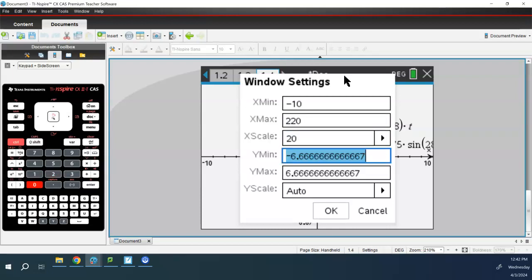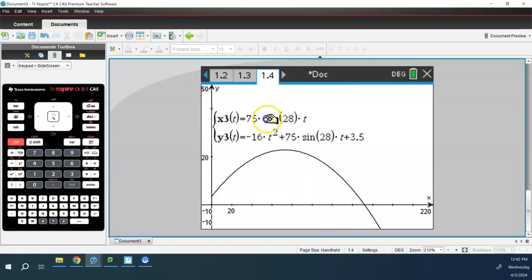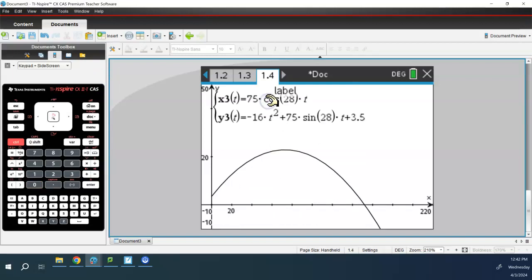Okay. How high do you think this ball's going to go? 50 feet, maybe? Ooh, it didn't even barely get over 20. Okay? So there's the flight of the ball that Big Al hit. Agree?